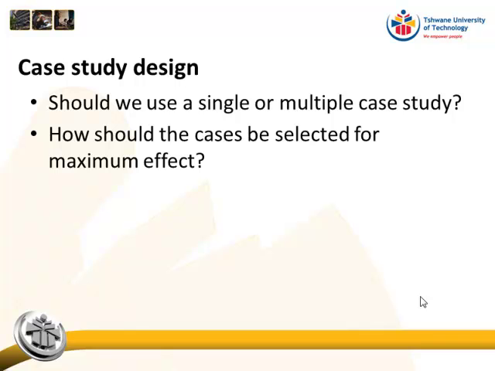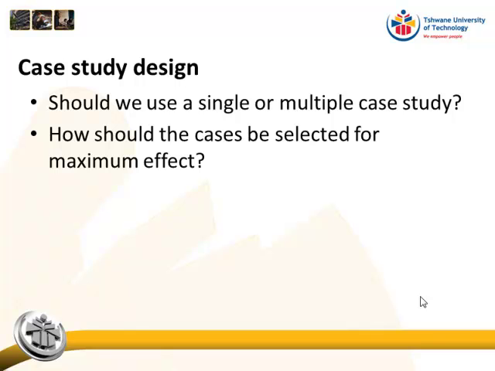When we're talking about case study design, we should ask ourselves, should we use a single or multiple case study? And how should the cases be selected for maximum effect? So if we are looking at community service projects and the measures of success for them, and we are going to select a few projects, maybe we want to select a project that failed, so we can see why it failed, and what measures should have been in place, or if those measures had been in place, would it have been a success.